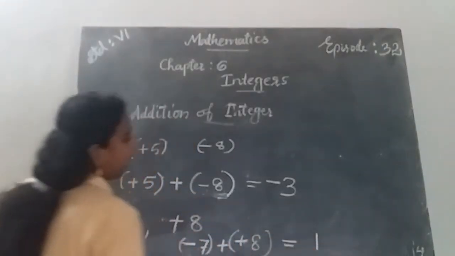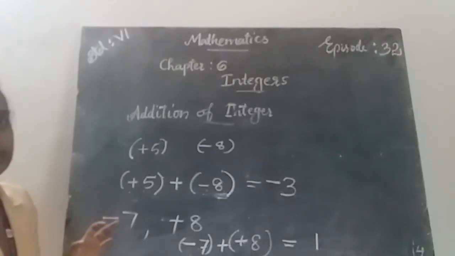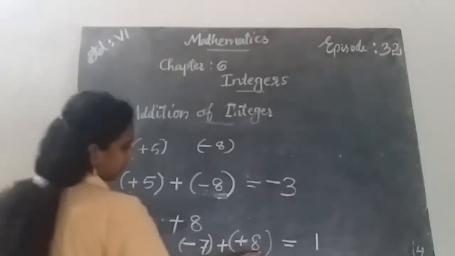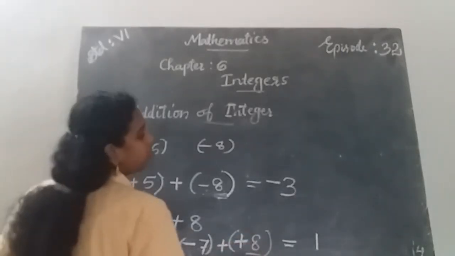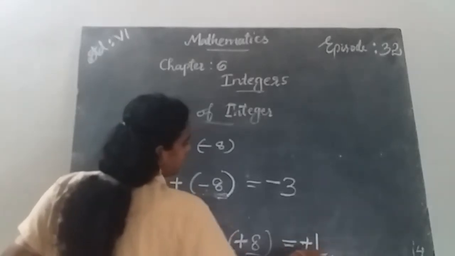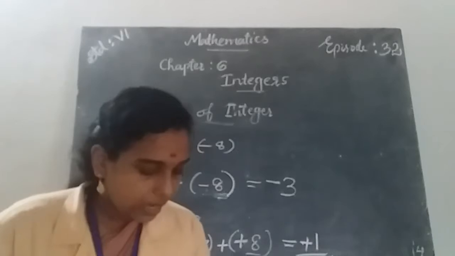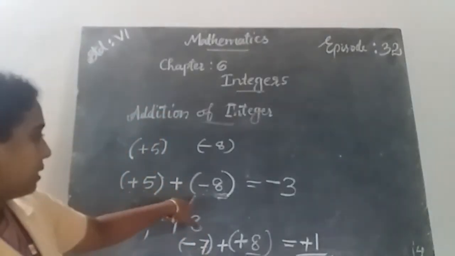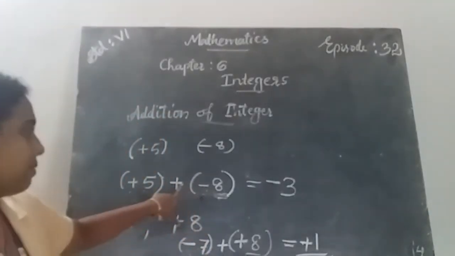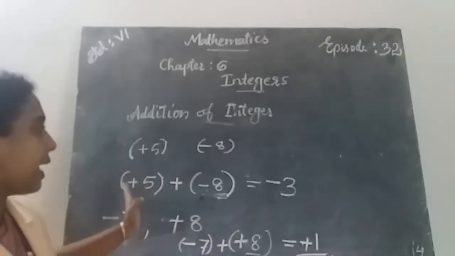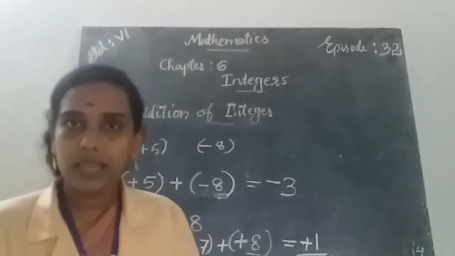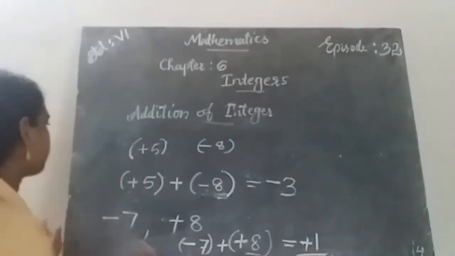We get 1 and put the sign of the biggest number here. The biggest number is 8 and its sign is positive. So take the positive sign. So if we add a positive integer and a negative integer, we subtract the two numbers, then take the sign of the biggest number.